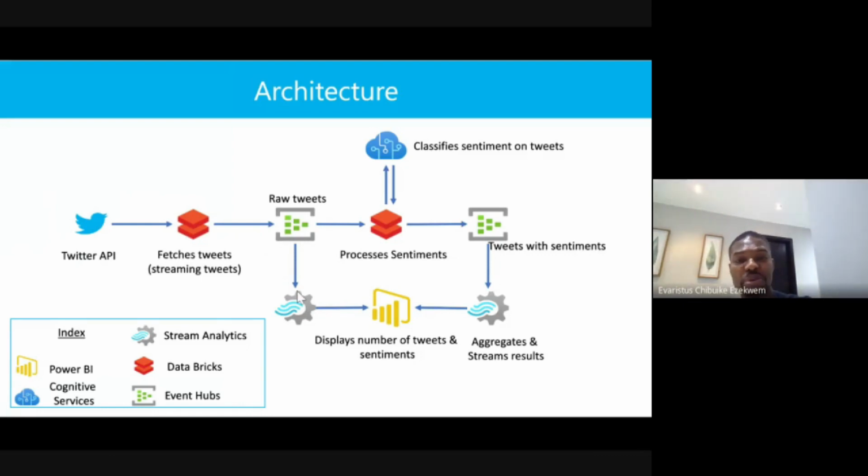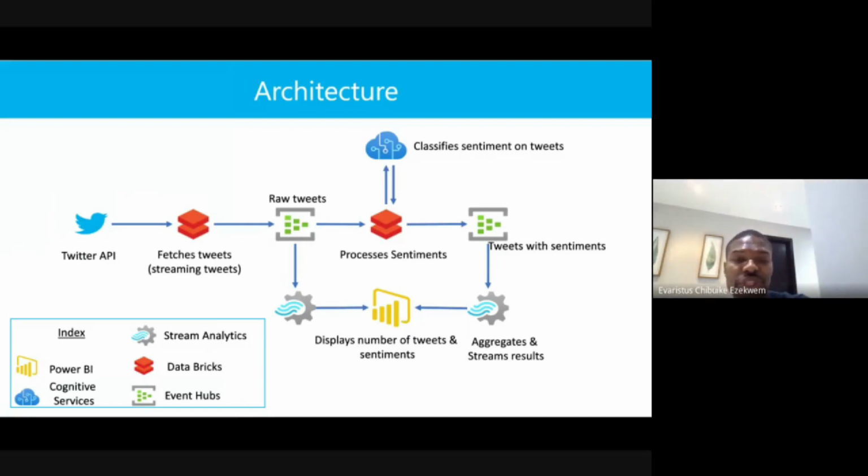And then process that tweet and then send it to a dashboard display and also send it to a sentiment analysis classifier, which processes the sentiments that are attached to the tweet and then sends it back to the dashboard.